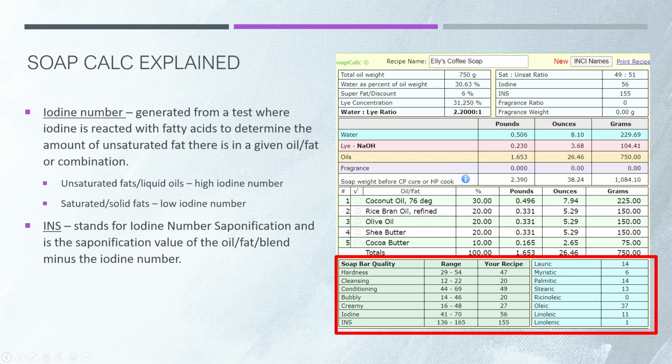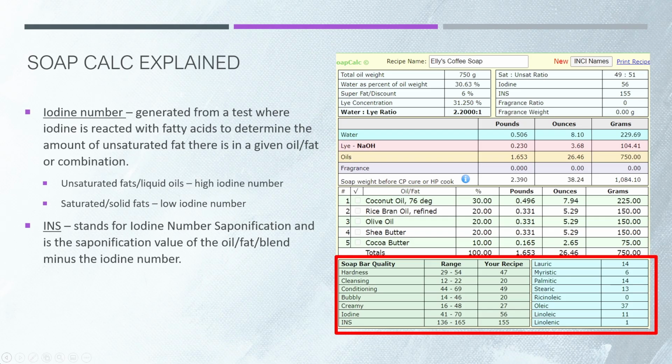INS stands for iodine number saponification, and thanks again to classicbells.com for helping me to understand all of this. Please make sure you read those resources if you want to go into this deeper. INS is the saponification value of the oil or the fat blend minus the iodine number.